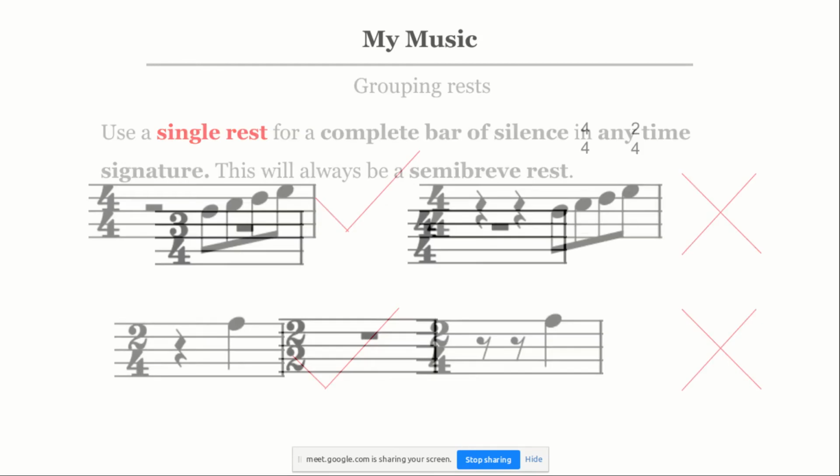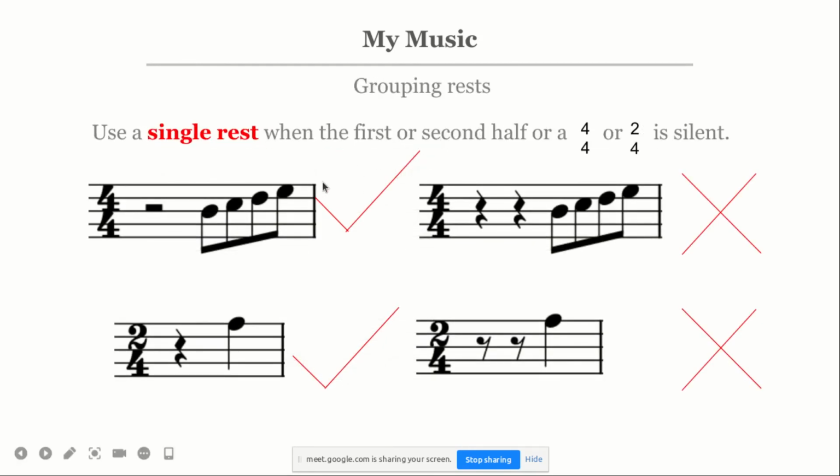Always. And then you only use a single rest when the first or second half of a 4/4 or 2/4 is silent. So if you have a 4/4 or 2/4 and the first half is completely silent or the second half is completely silent, use one rest. Don't divide it.